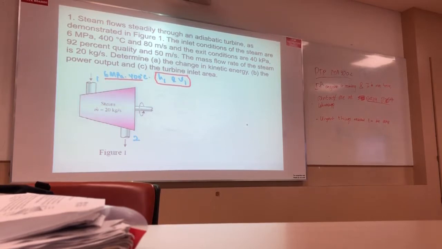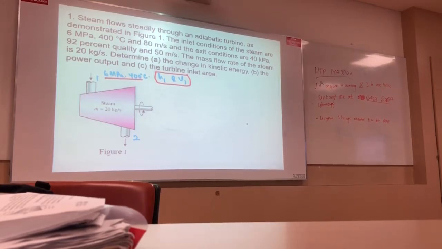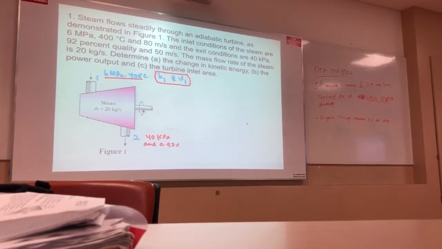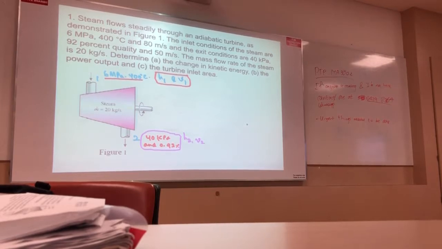Alright. Now, state 2. State 2 is 40 kilopascal and 0.92 quality. So then I can easily calculate h2, v2, no problem. Okay, and the mass flow rate is given, m dot is 20 kilogram per second.